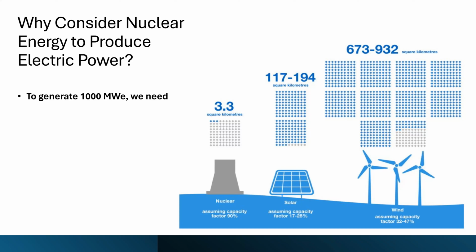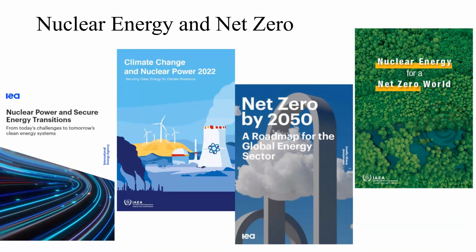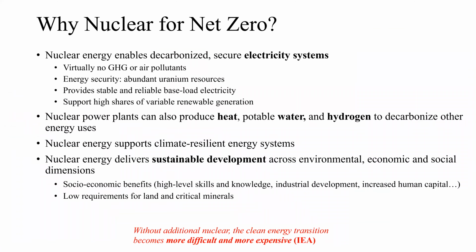So in the case of Kuwait, there is a limit to how much you can go with solar. We cannot depend only on solar. You have to have nuclear and other energy sources in the mix. This is also again about how important it is to consider nuclear to meet net zero emissions.